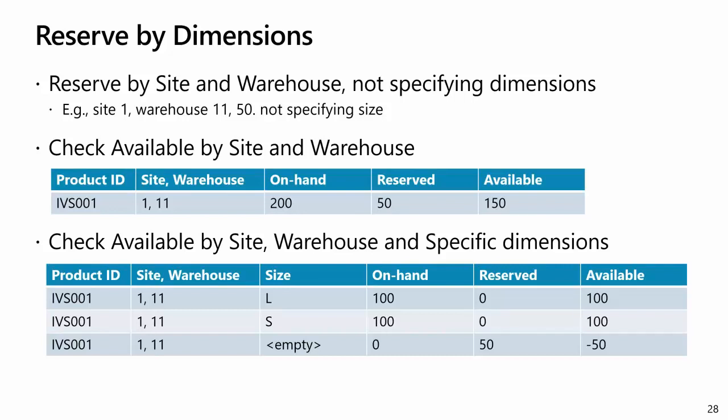When we group by size dimension, we end up with 3 different records. We're neither reserving the large size items nor reserving the small size items. Instead, we create a new record logging the 50 reserved being made. As the user is not specifying the size, we are not assigning a size dimension by default.